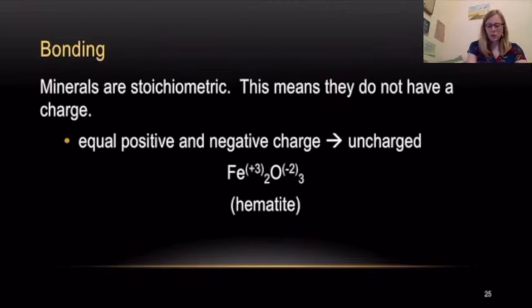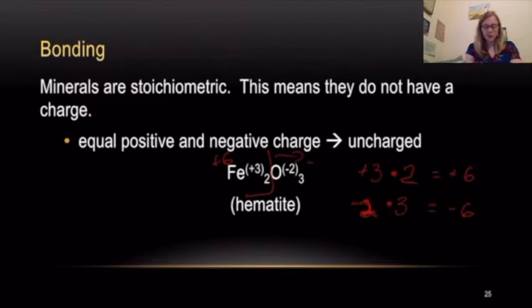So that the whole mineral, this is hematite, Fe2O3, is hematite. This iron has a positive 3 charge, and there are 2 of those atoms, so we'll have a positive 6 charge on this side, and a negative 2 charge on those oxygens, and 3 of those atoms of oxygen give a negative 6 charge on the oxygen side.